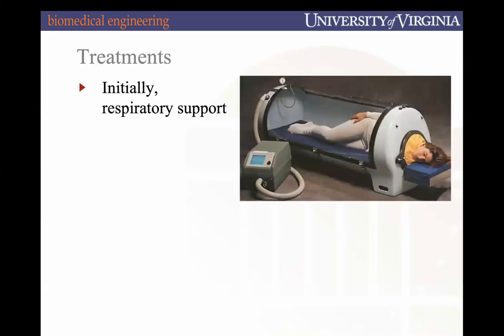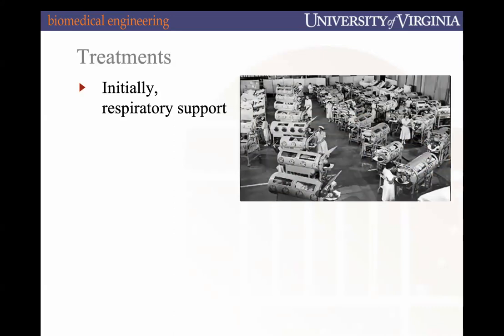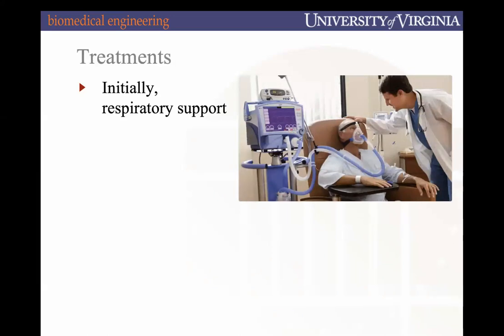Some of the key treatments for GBS: because it can affect our respiratory system, there's a key need for respiratory support right away. The respiratory support comes in a few different flavors, basically not too different from an iron lung and what we saw in the past. And there's going to be immunosuppression therapy because, again, this is an autoimmune disease.